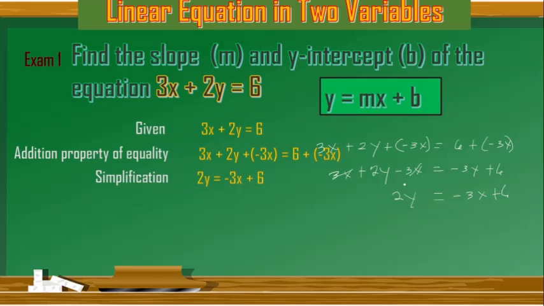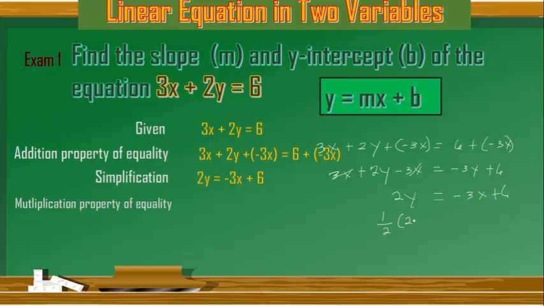Then the next step is to apply the multiplication property of equality to eliminate this one. How are we going to do that? First, you have to find the inverse of 2. The inverse of 2 is 1/2.